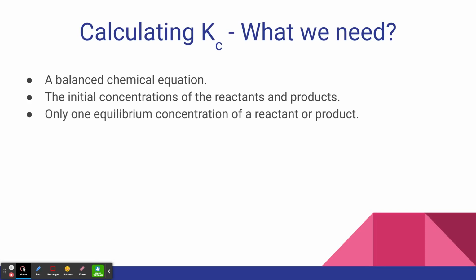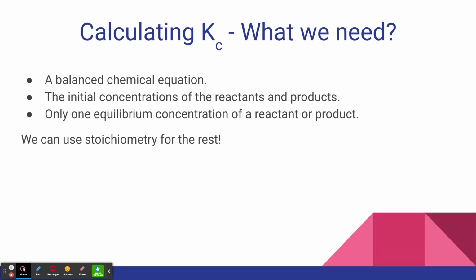Once we know those, we only need to know one equilibrium concentration, and that could be for one reactant or one product, because we can use stoichiometry to fill in the rest. So again, what do we need? A balanced chemical equation. We need the initial concentrations of the reactants and products, and then we need the equilibrium concentration for a reactant or the equilibrium concentration of a product.